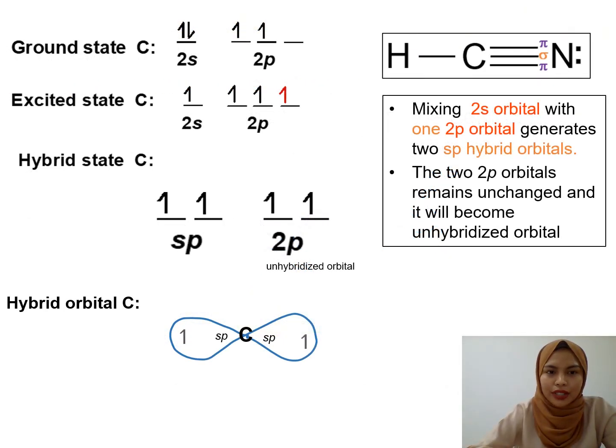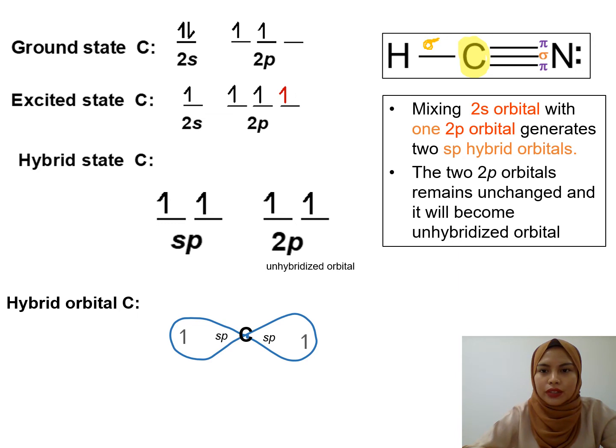Macam biasalah, bila you nak buktikan yang carbon atom ni ada sp type of hybridization, you kenalah describe the ground state of the carbon atom, excited state, and also the hybrid state of the carbon atom. You need to show that, okay? Since that this carbon atom, okay, dia ada satu single bond between carbon dan juga hydrogen, therefore this carbon atom akan ada satu sigma bond between carbon dan hydrogen.